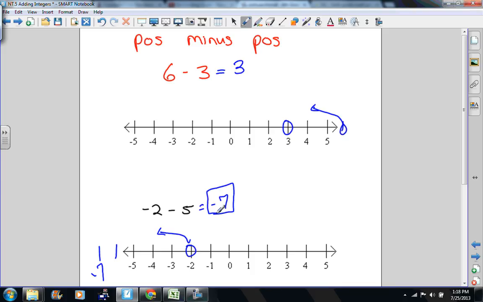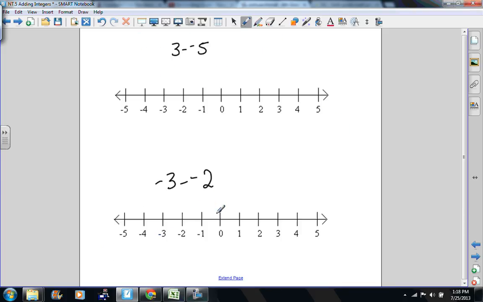Okay. Now, where it gets tricky, you know that a negative is always going to beat up a positive. But if in the middle we have 2 negatives next to each other, well, they are just going to beat each other up so badly that they're going to turn into a positive number. So if you have 2 negatives together, they turn into a positive. So this now becomes 3 plus 5.